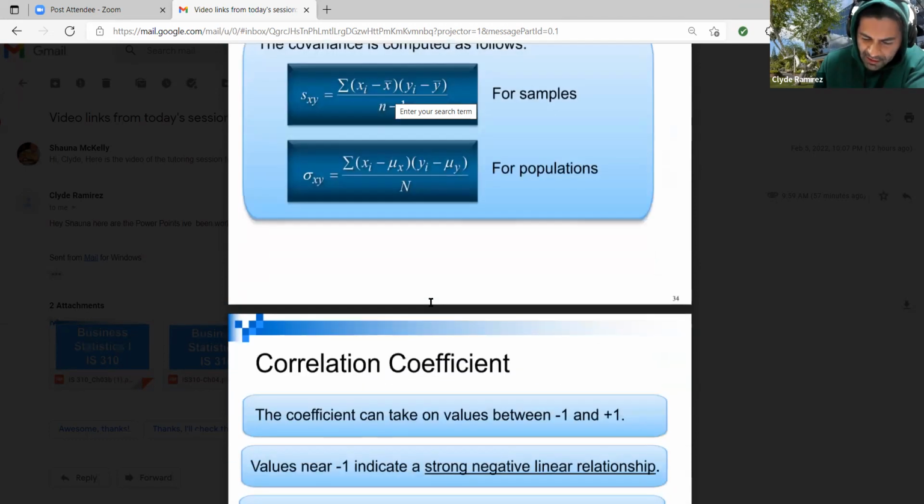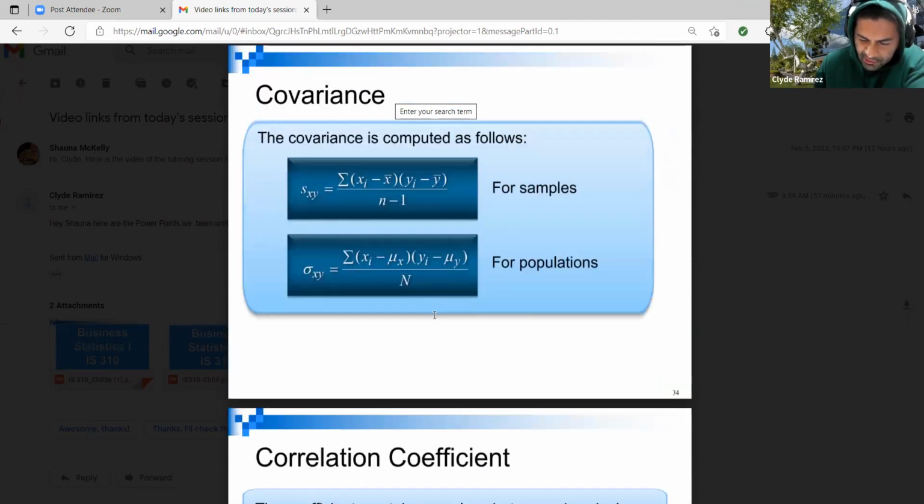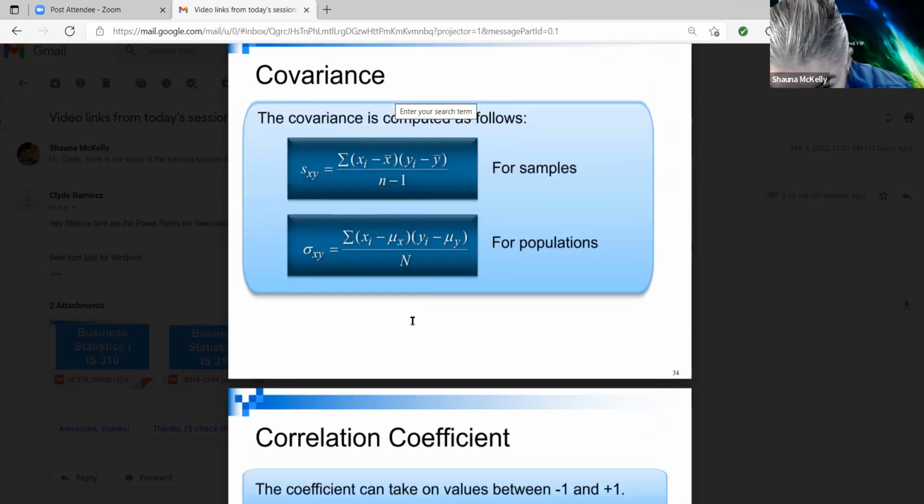Score minus mean of X, added together, times score minus the mean of Y, over n minus 1.